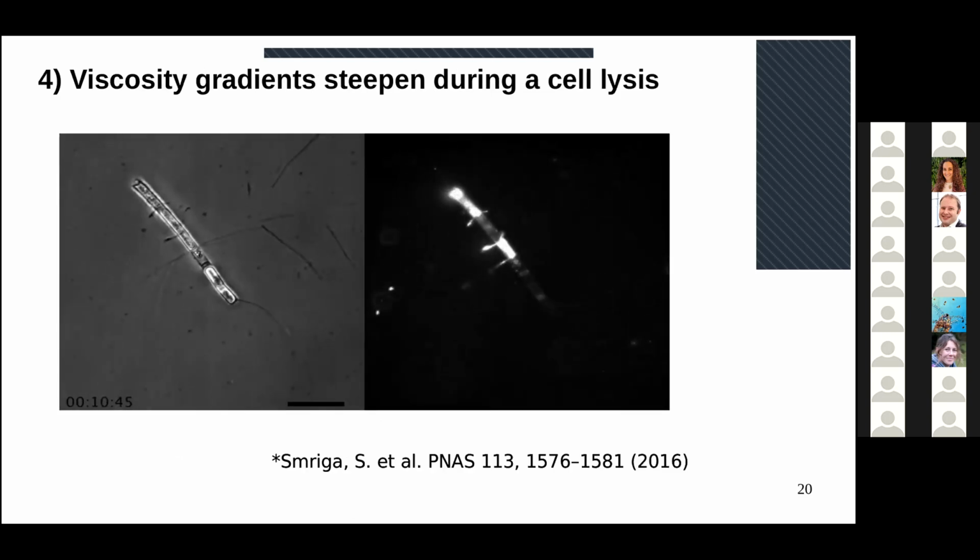Finally, we wanted to see what would happen if we induced lysis on cells.